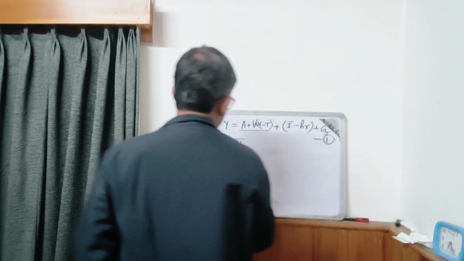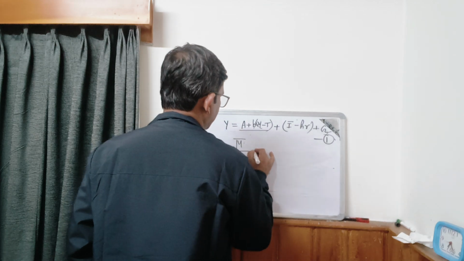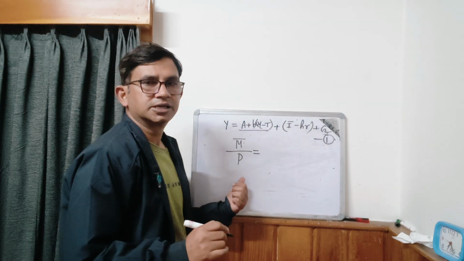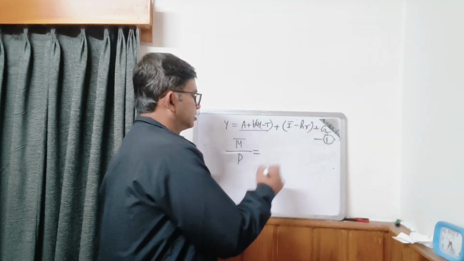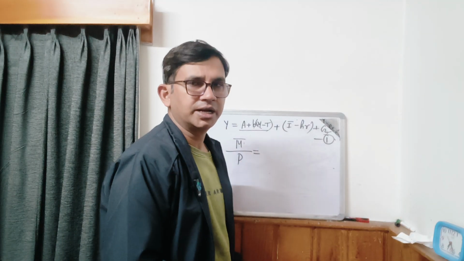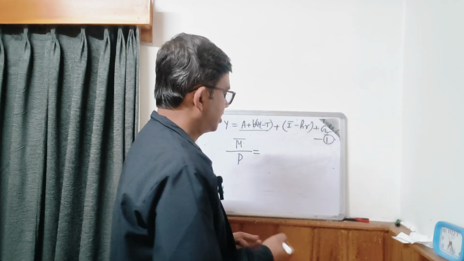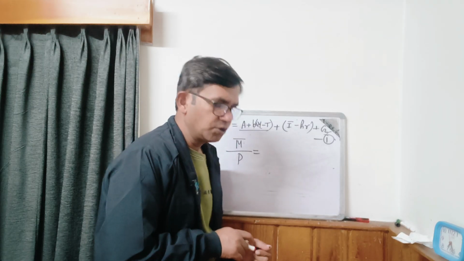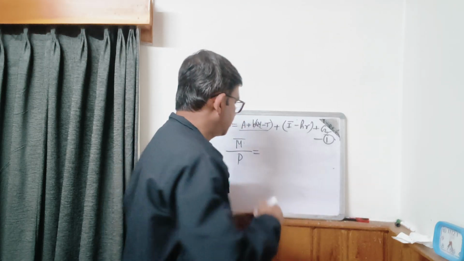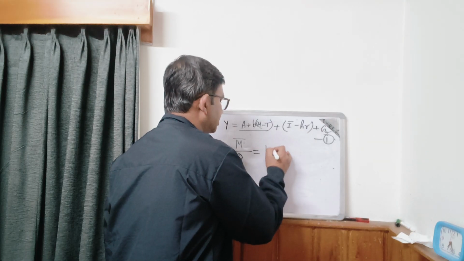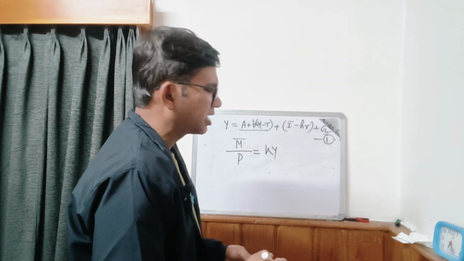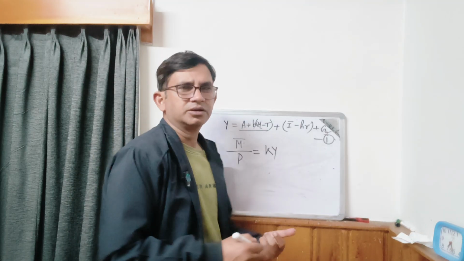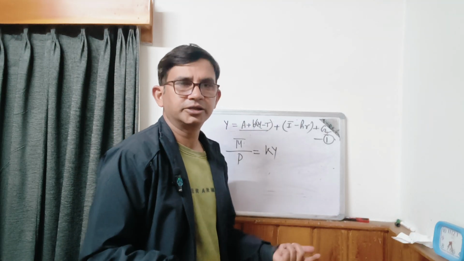P is the price level, so M bar by P is the real money supply, which will be exactly equal to money demand. And we know that demand for money has two parts. One is the transaction demand for money, plus the speculative demand for money. The transaction demand depends upon the aggregate demand, which we normally get from the quantity theory of money.